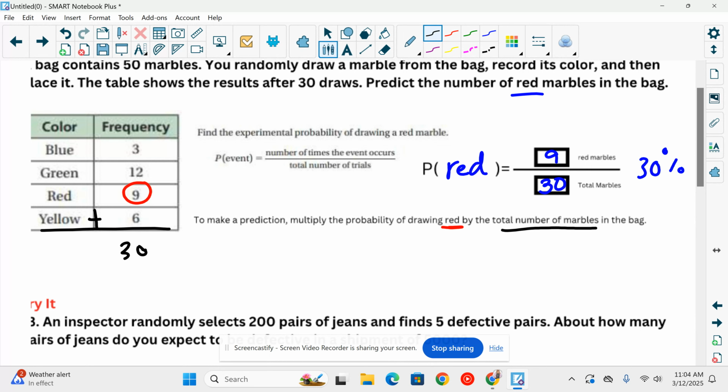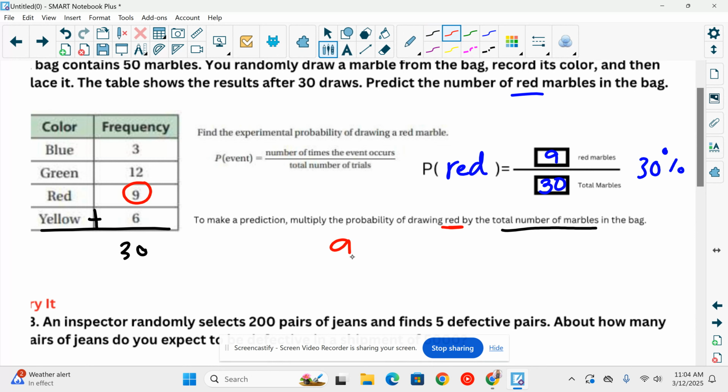Okay, so how do we do that? Our question, like I said on the bottom, says to make a prediction. We're predicting here. That's all we're doing. It says multiply the probability of drawing red. There's 9 red. So 9 out of how many? 30. So 9 out of 30.